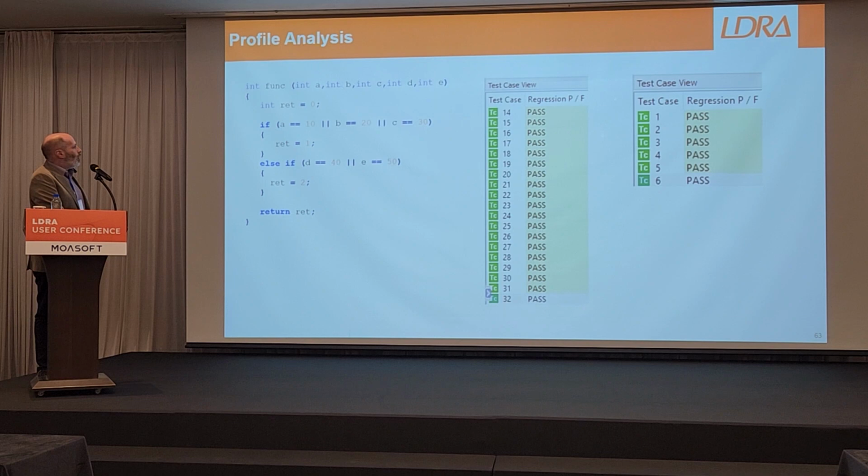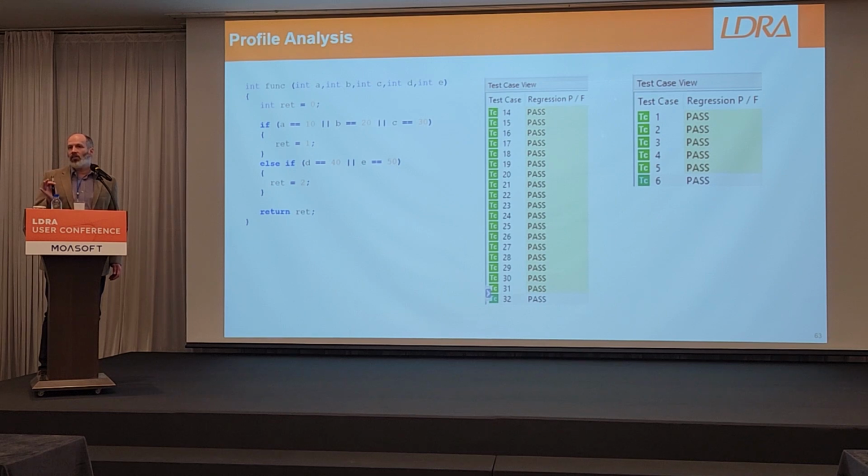So in this particular example, we might have initially 32 tests to exercise this function. But out of these 32 tests, actually only 6 of them contribute to that code coverage of 100%. So if you want to rerun those tests and still achieve 100% code coverage, we don't need to run 32 tests.